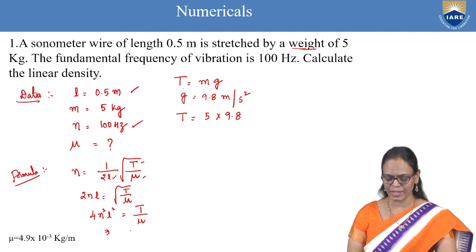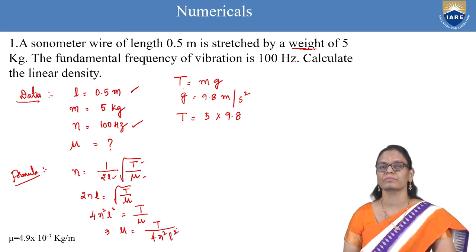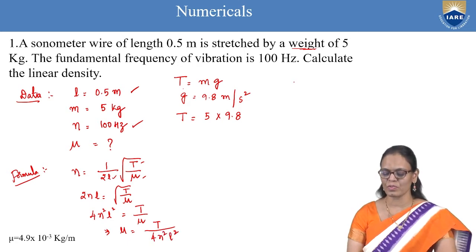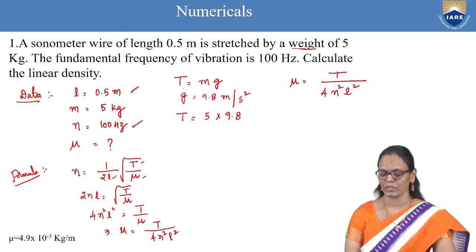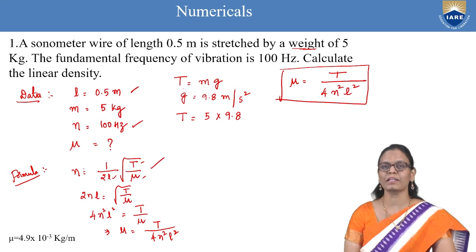So this implies mu is equal to T upon 4N square L square. So we are going to use the formula mu is equal to T upon 4N square L square. This is the formula we are going to use. This is coming from our fundamental formula for frequency, N is equal to 1 by 2L under root T by mu.